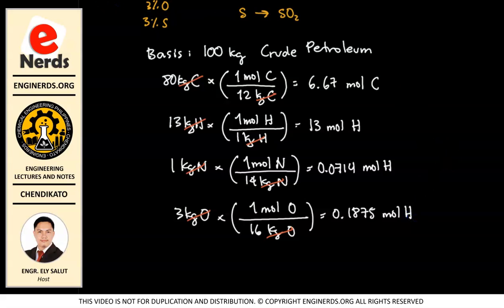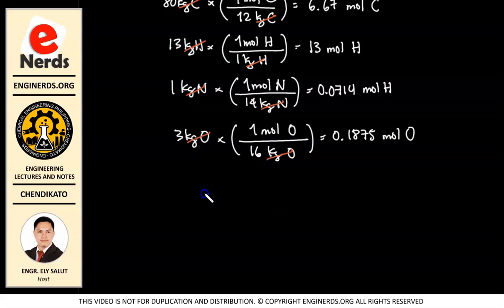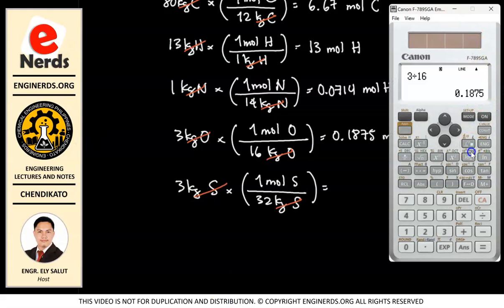I'm sorry, it's not hydrogen, it's oxygen. And then the last one, we have 3 kilograms of sulfur, and 32 kilograms of sulfur for every 1 mole of sulfur. This cancels out, so what's left is 3 divided by 32, which is 0.09375.